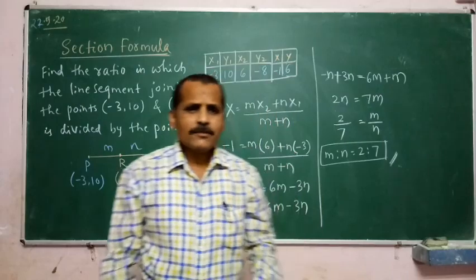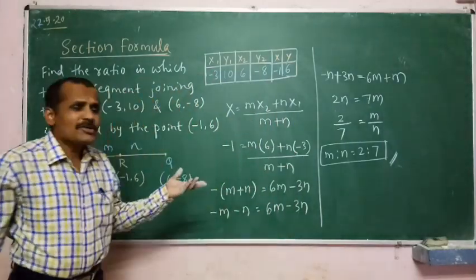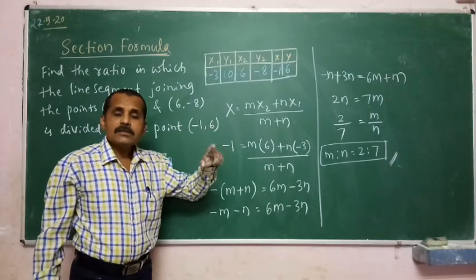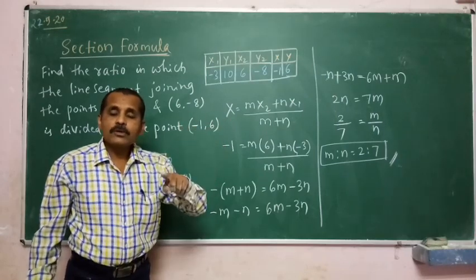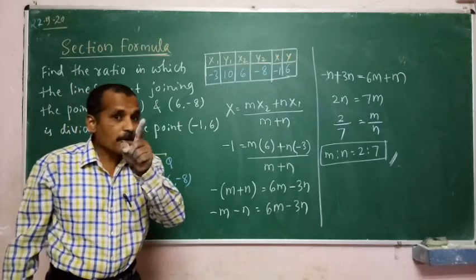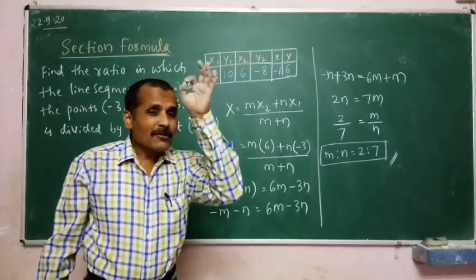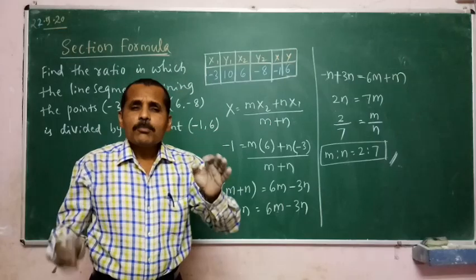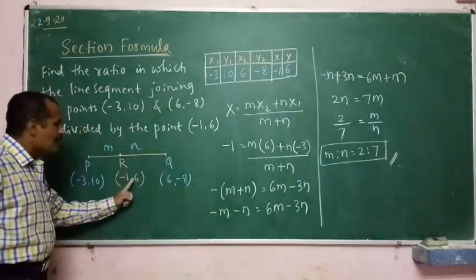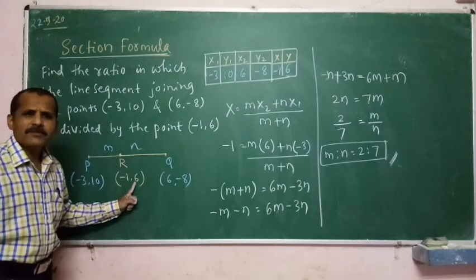But my dear children, I am not using the one more formula. That means the ratio can be found with one formula only. This is the point to be noted. To find the ratio, both formulas are not required at all. That means this second value is not required.